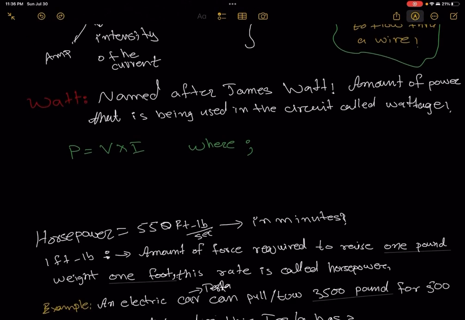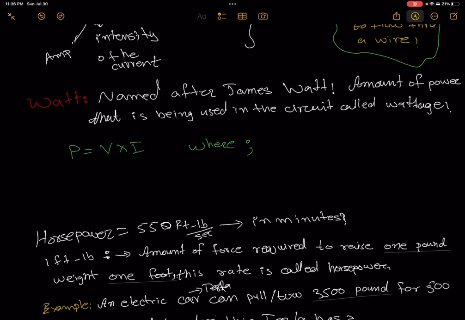Now, what is watt? Watt is named after James Watt. He was a guy that tried to sell steam engines, and he was the one that found the unit of power, which is watt. And watt is not the only unit of power that we use today.